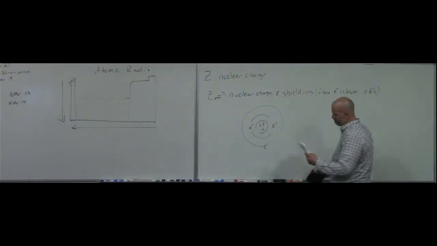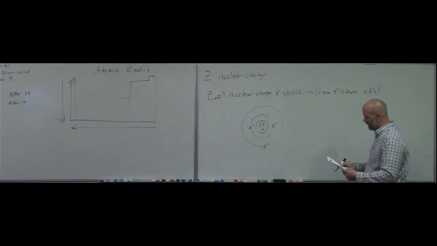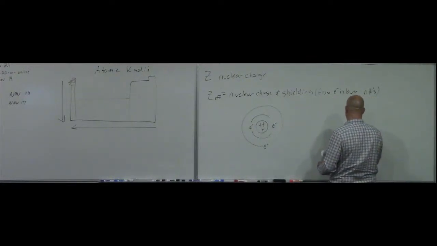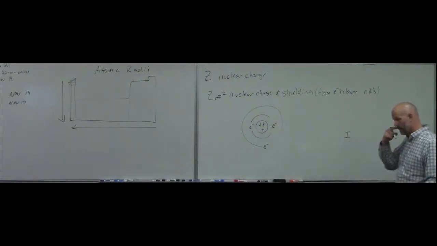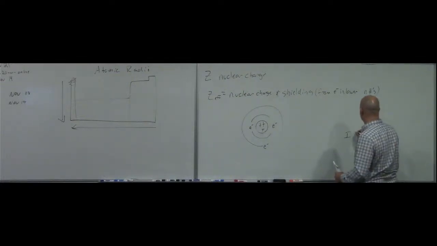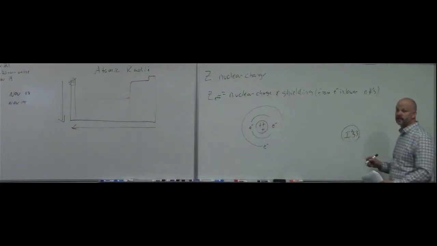Let's go iodine. What atomic number do you have for iodine? 53. Okay, so 53 protons, that's pretty big.